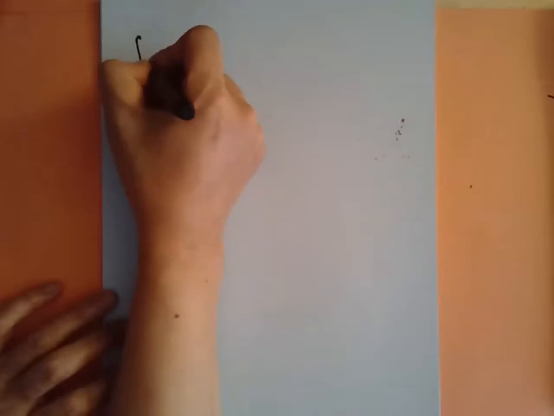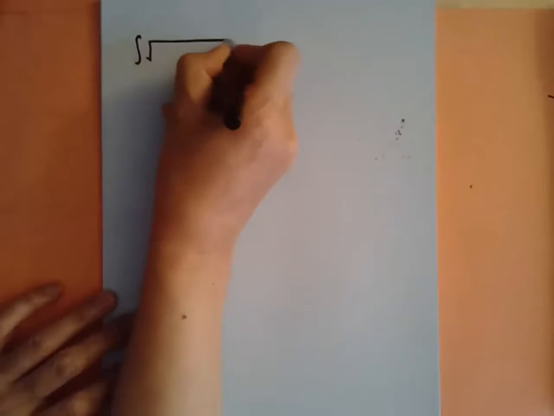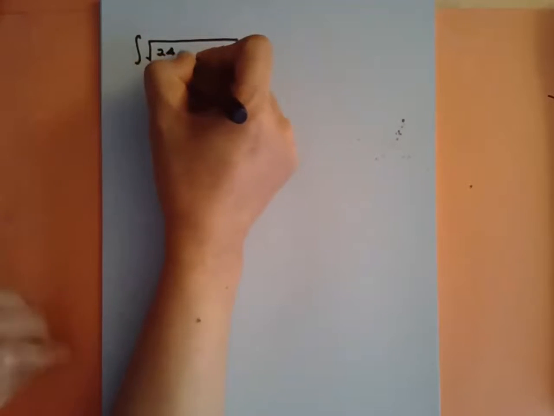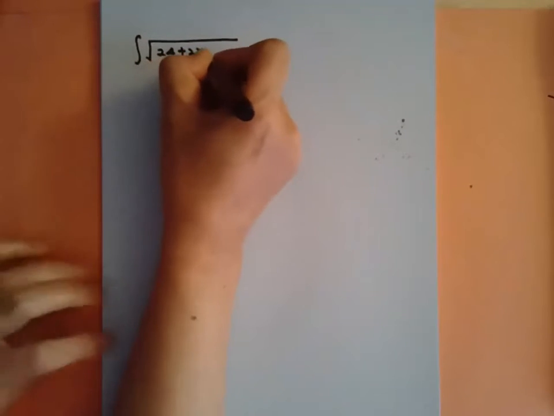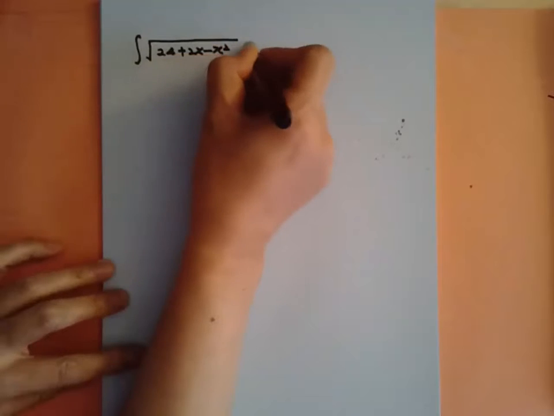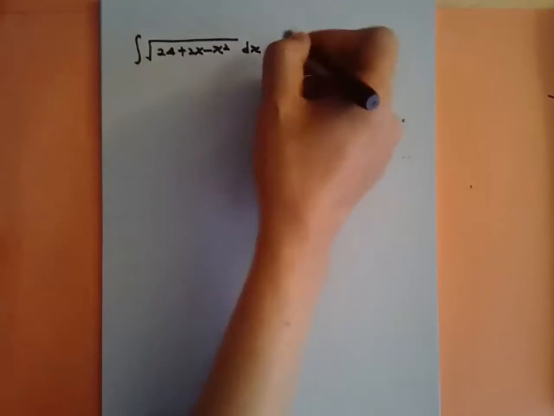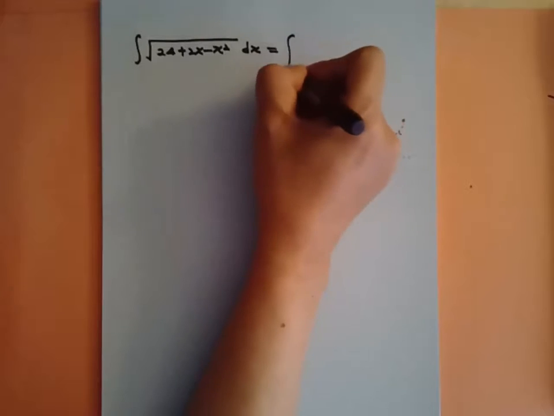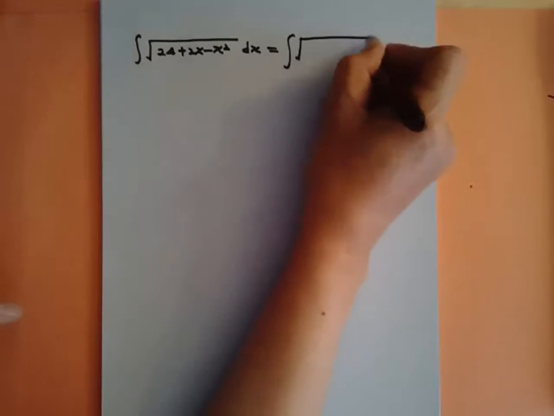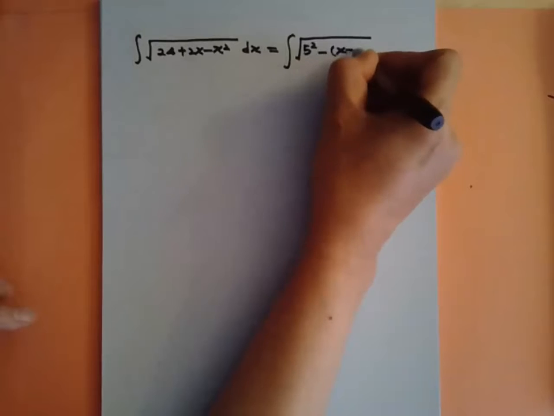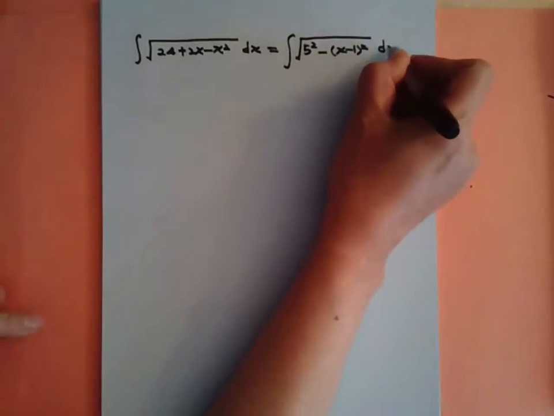Let's go to the problem again. Then the integral of the square root of 24 plus 2x minus x squared dx. So that equals the integral of the square root of, as we did, 5 squared minus x minus 1 squared dx.